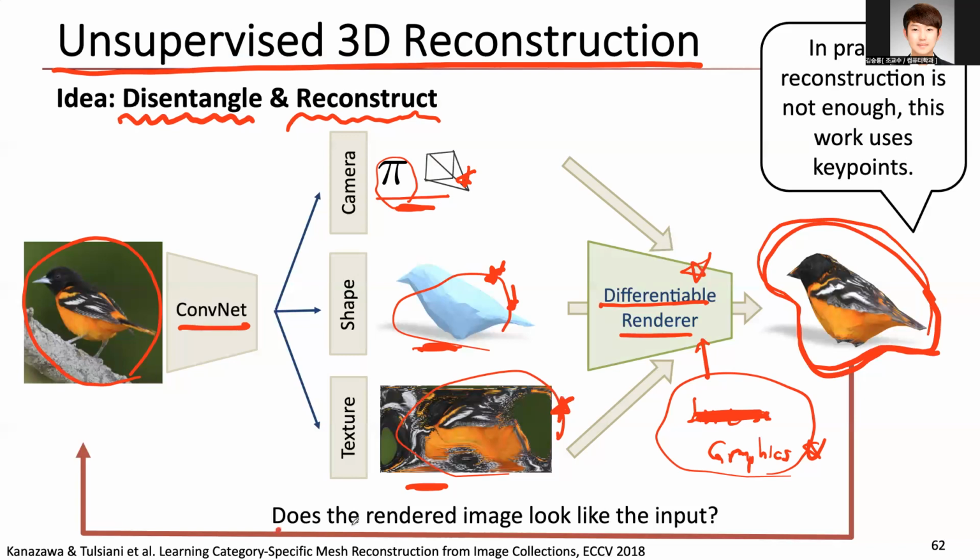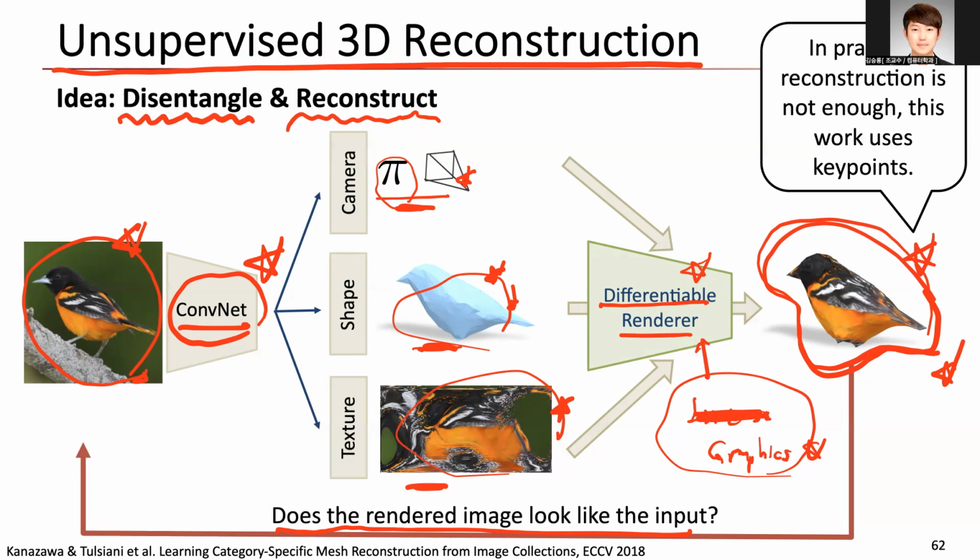The question is, does the rendered image look like the input? So if these neural networks were trained well in this procedure, the input image should be exactly the same as the reconstructed image. So, in other words, by using this kind of loss function, a loss on the similarity between the input images and the reconstructed images, we can train this convolutional neural network.